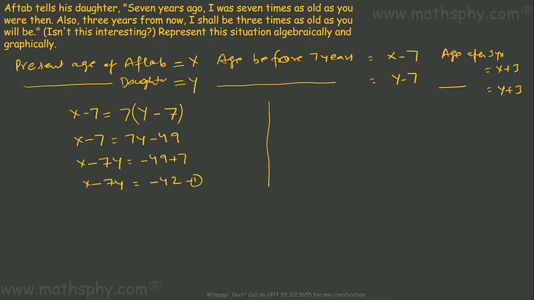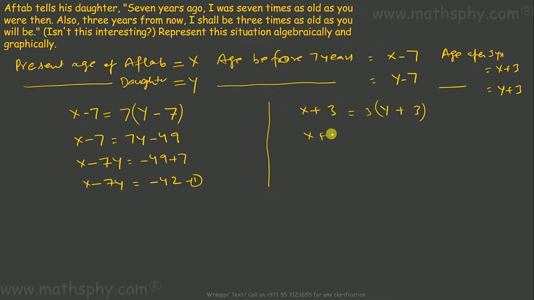Second equation, after 3 years, x plus 3 and y plus 3. It says after 3 years, Aftab would be 3 times more than his daughter. Means Aftab's age, x plus 3, is already 3 times more than daughter's age. So if I multiply daughter's age by 3, means if I increase daughter's age 3 times, she would be equal to her father's age.